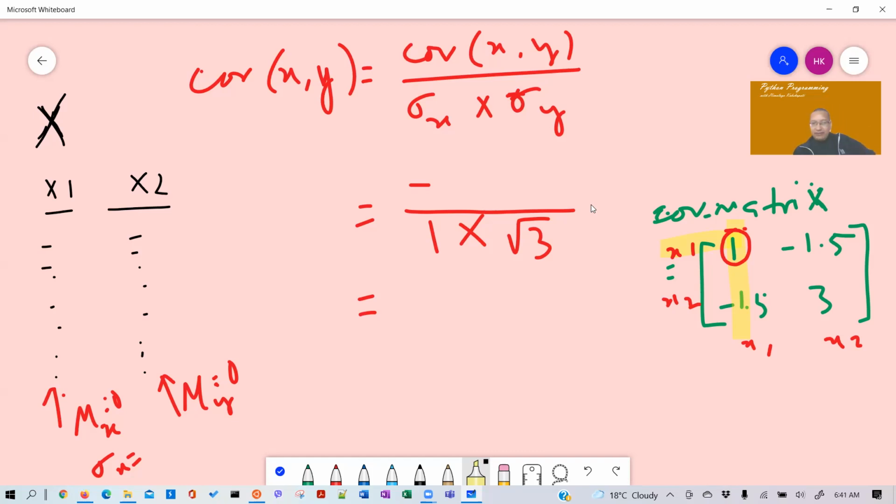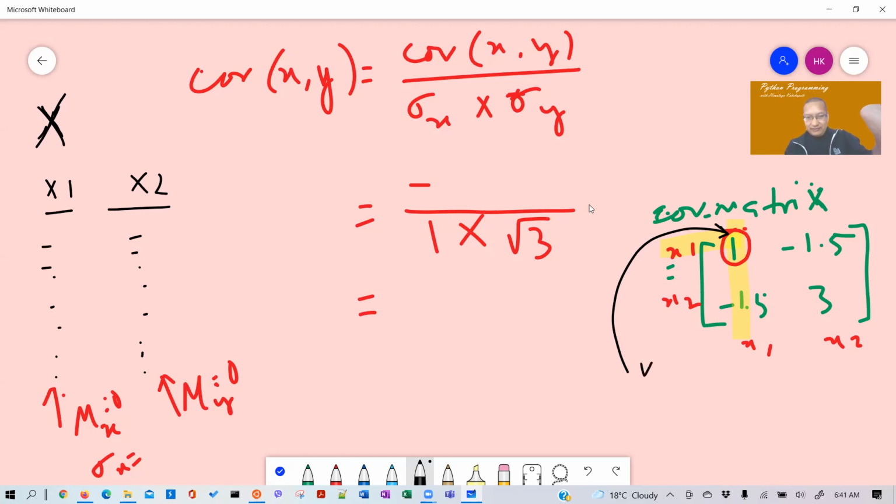So what is this one? Variance. Variance, very good.